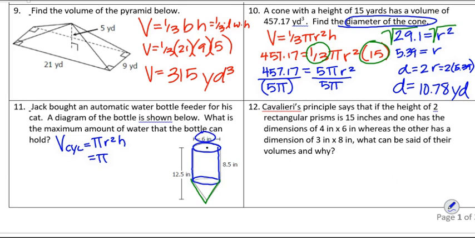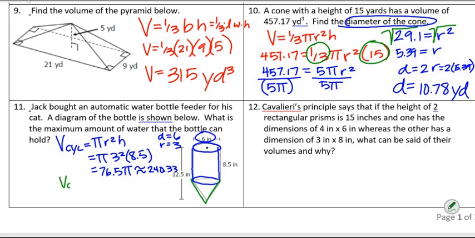So if our diameter is 6, our radius is 3. So we're going to do 3 squared times our height, which is 8.5. When we do that, we get that the volume of the cylinder is 76.5 pi, which is approximately 240.33.